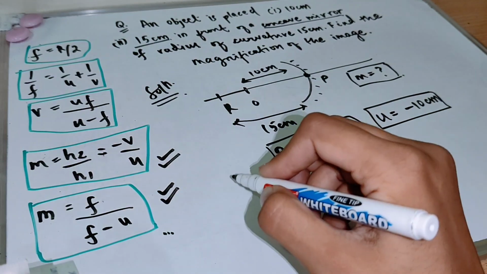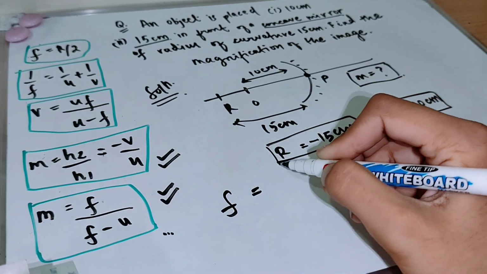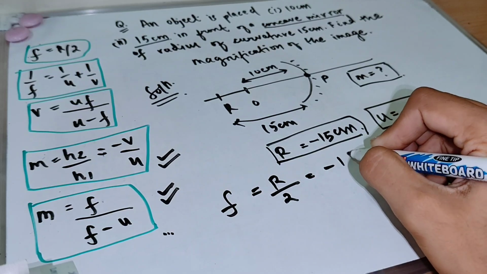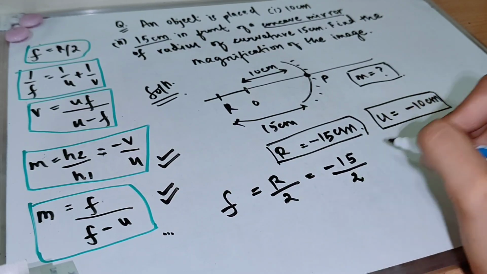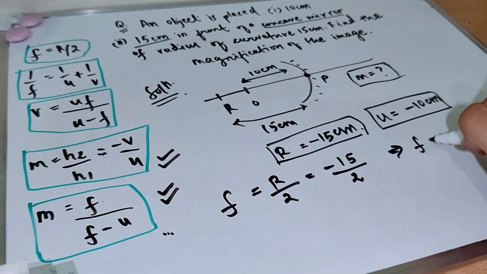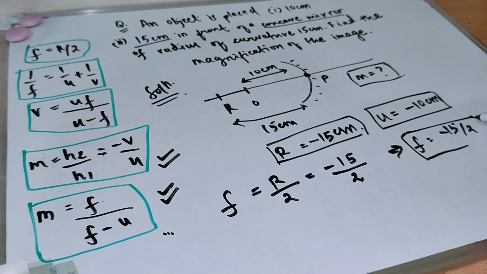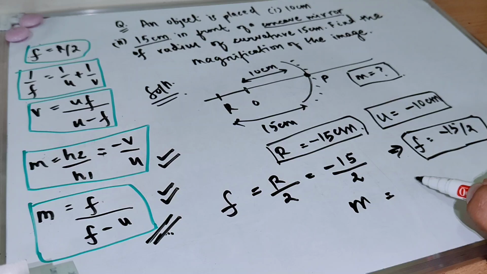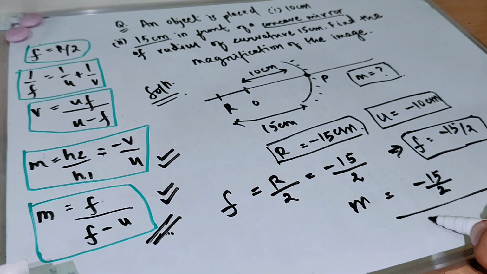Now I know that the focal length is half of the radius of curvature, which means that it is minus 15 upon 2. So it is minus 15 upon 2, and now I can put it into the formula that magnification is minus 15 upon 2 upon minus 15 upon 2, and then minus times minus 10.